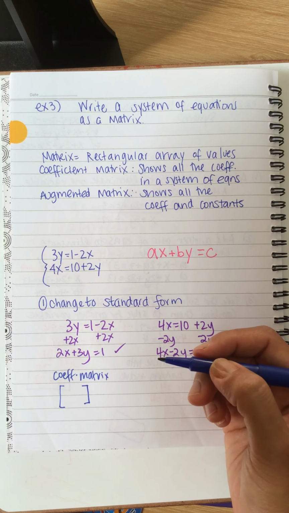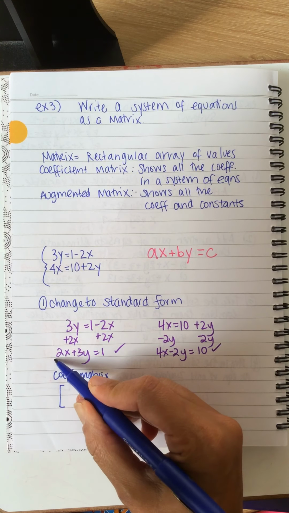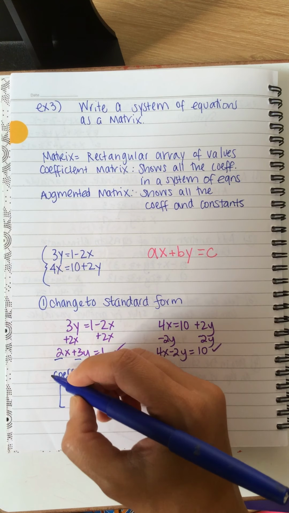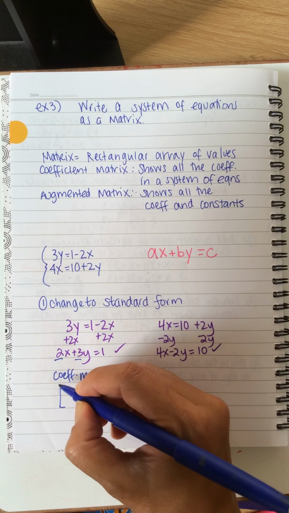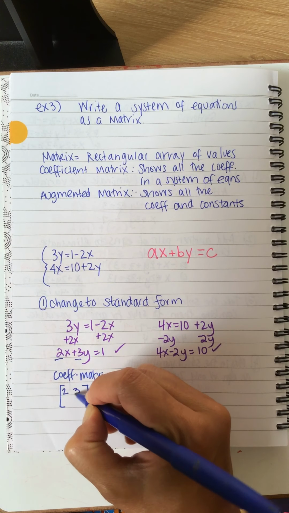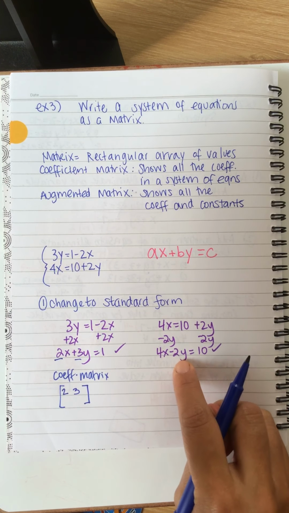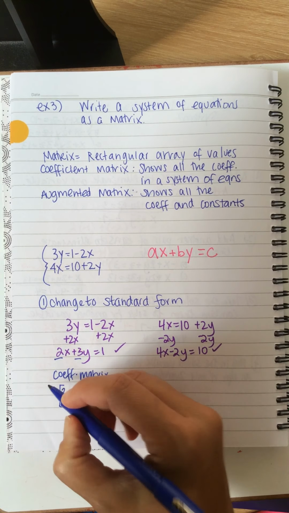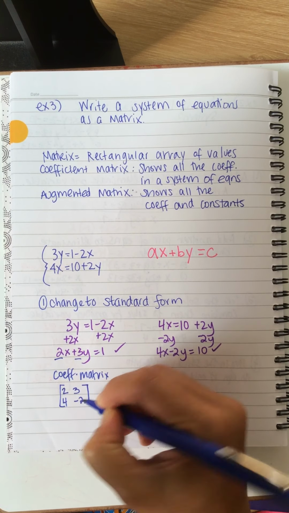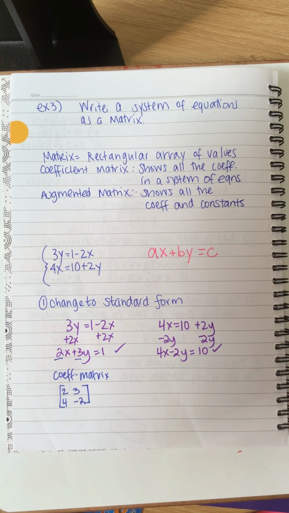So A and B would be my first two, so 2 and 3. And then my second two coefficients are 4 and negative 2. That's how you set up a coefficient matrix. I don't think that's too tricky.